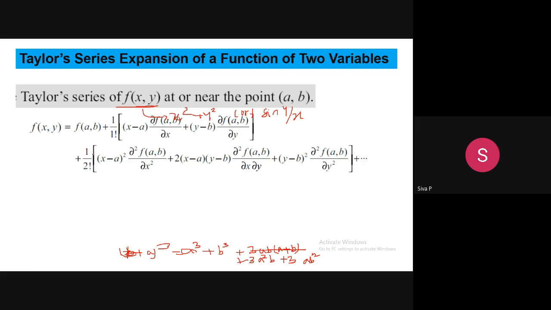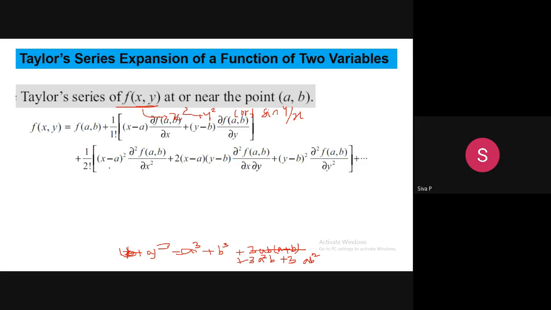So for the third order, in case you are adding this, then you have to add the third term. What is the third one? 1 by 3 factorial, x minus a whole cube, dou cube f of a comma b by dou x cube, plus 3 x minus a whole square into y minus b, dou cube f of a comma b by dou x square dou y, plus 3 x minus a, y minus b whole square, and so on.